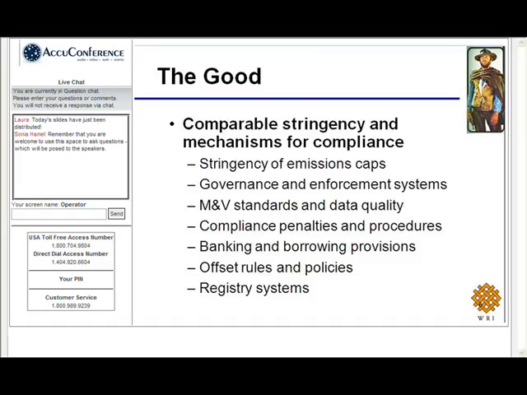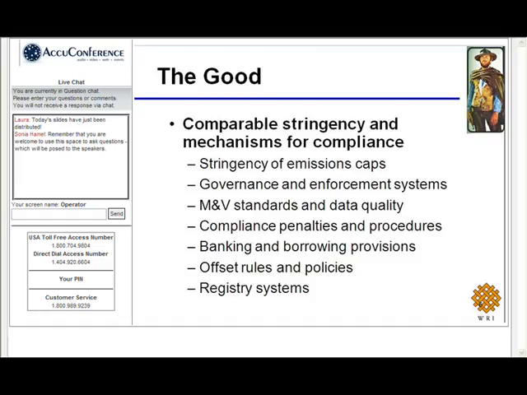Next, offset rules and policies. This could probably be the subject of a completely separate presentation here. I think there are three sets of things that you want to look at in terms of the consistency of carbon offset programs. First would, of course, be, are the rules for quantifying emission reductions from offsets and determining the additionality of offsets generally consistent and compatible.